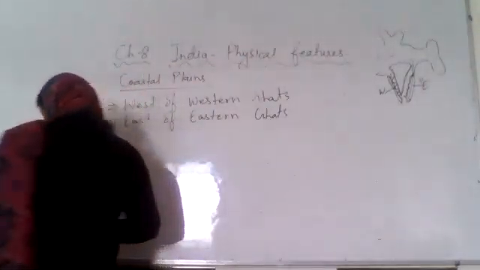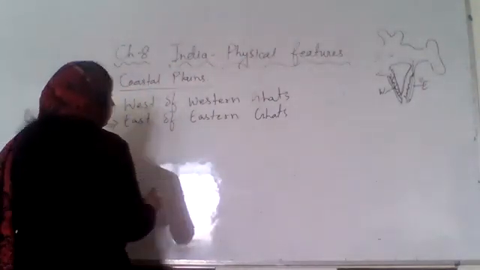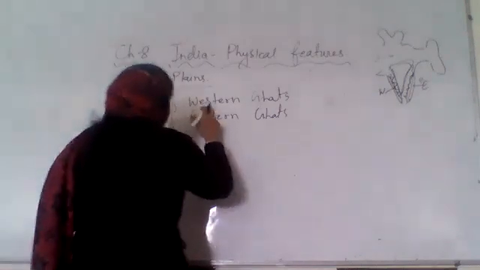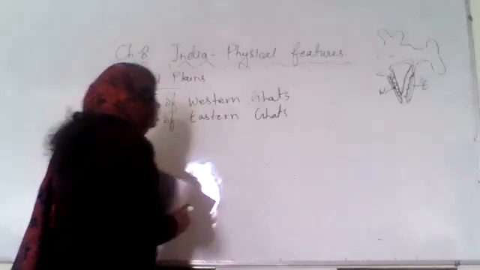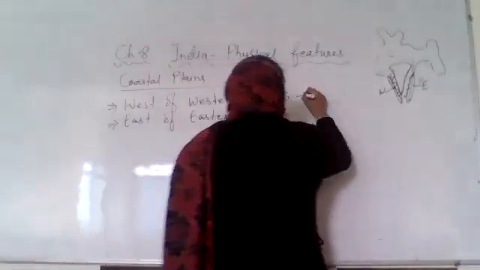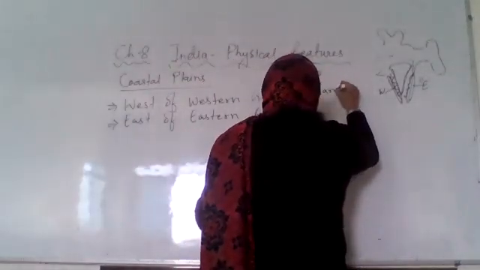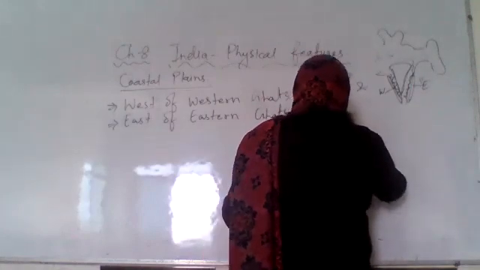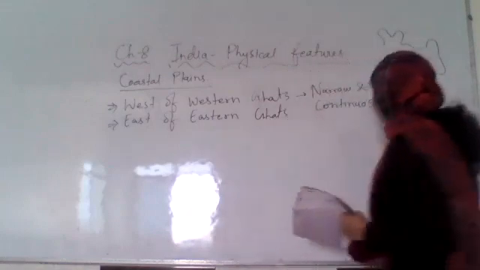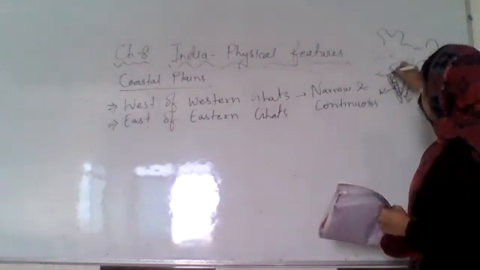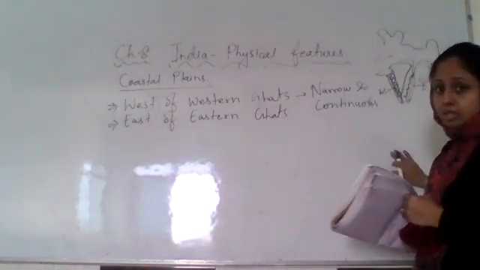Now what is the difference between the coastal plain of Western Ghat and the coastal plain of Eastern Ghat? The difference is this one is narrow and continuous. That means it is continuous mountain.